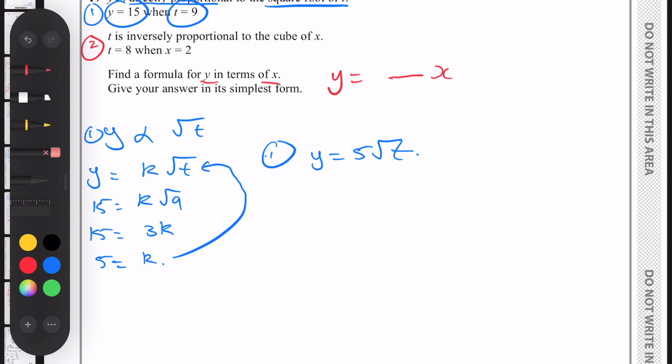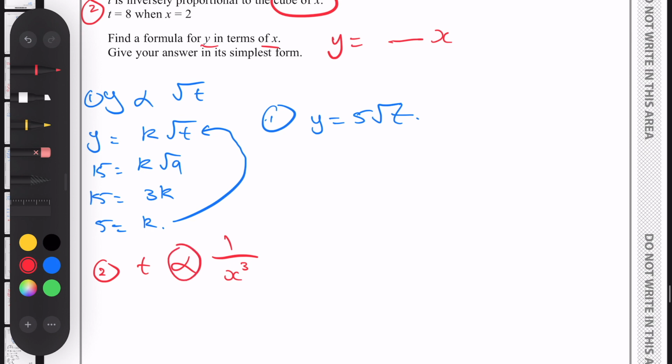Equation number 2, it says t is inversely proportional to the cube of x. So this says t is proportional. The word inverse means 1 over, and it's the cube of x. So x cubed. We replace the proportional sign with an equal sign. T equals, and when you do that, you've got to make sure you replace the 1 with a k. So it's a different constant, k over x cubed.